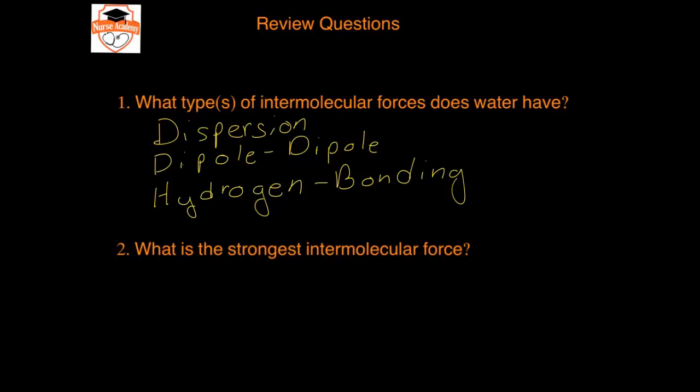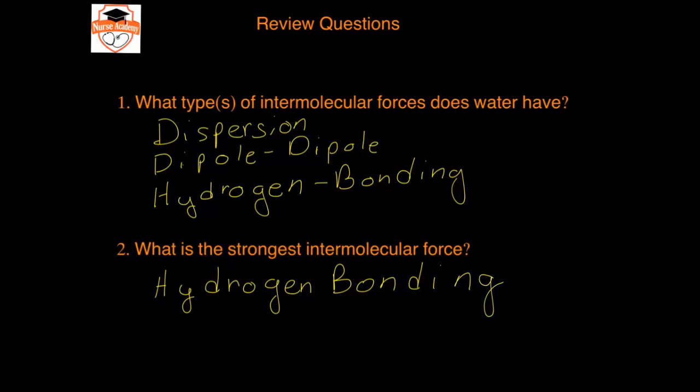Which is the strongest intermolecular force? Hands down, it's hydrogen bonding, because hydrogen bonding actually has some orbital overlap. And that orbital overlap, or the electron clouds of the neighboring molecules merging, allows it to be the strongest of the intermolecular forces.